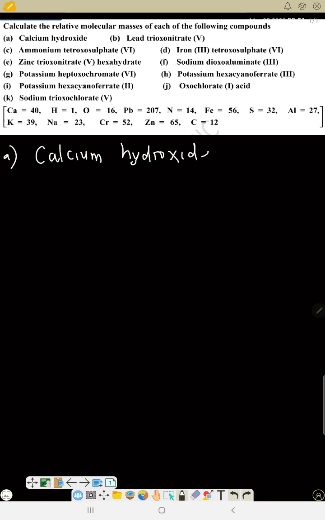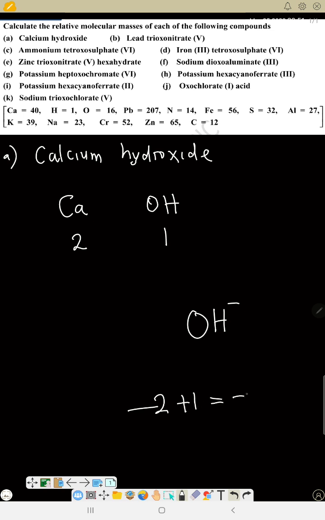So now calcium hydroxide. Calcium is Ca, hydroxide is OH. The valency of calcium is 2 because it belongs to group 2. The valency of OH is 1 because we have OH minus. Since oxygen is minus 2, hydrogen is plus 1, minus 2 plus 1 is minus 1.